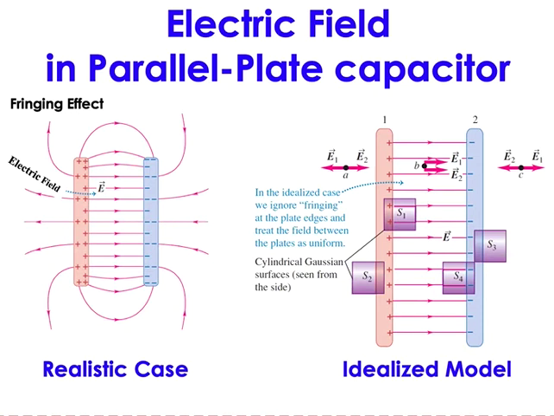Moreover, because of the attractive force between this positive charge and negative charge, most charge will be distributed on this side and less charge on this side. If this plate is very uniform, all the charges will be distributed just on this side.